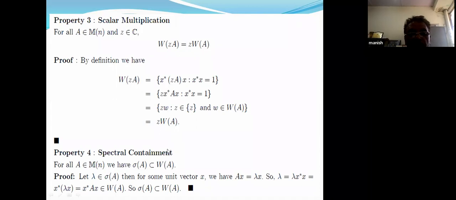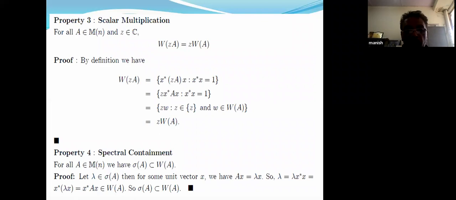Now this next property is important, the spectral containment property. The spectrum of a matrix is contained in the numerical range. Spectrum is the set of all eigenvalues.